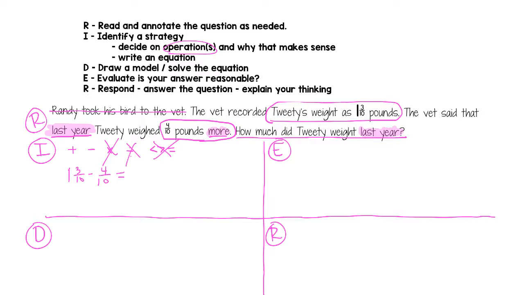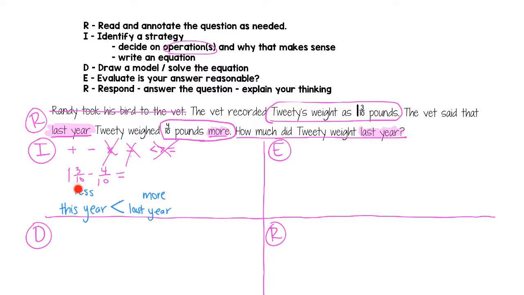I'm actually going to write that down. This year, and please write this down with me, Tweety weighs less, and last year Tweety weighed more. So last year should be larger than this year. Pause the video if you need to write that down, or if I'm going too quickly.